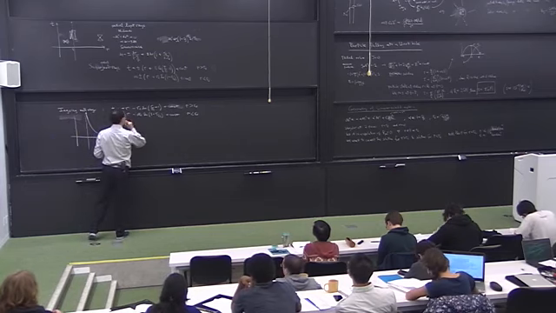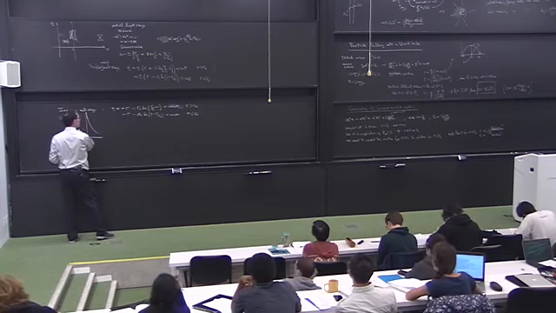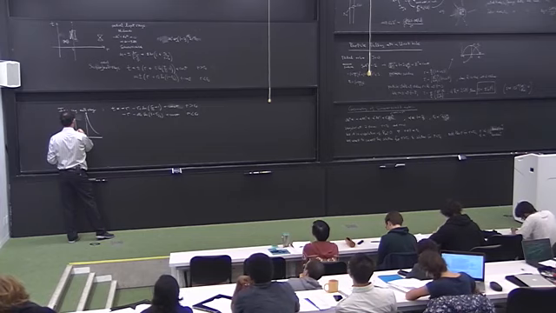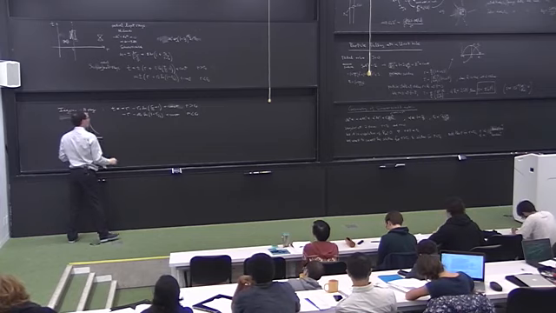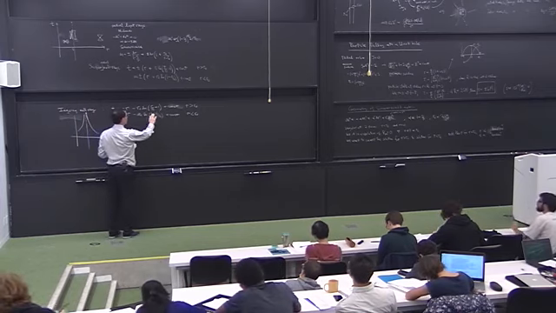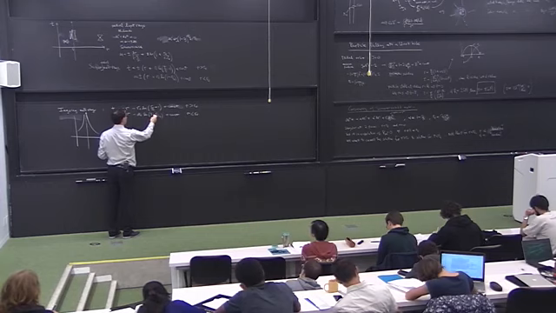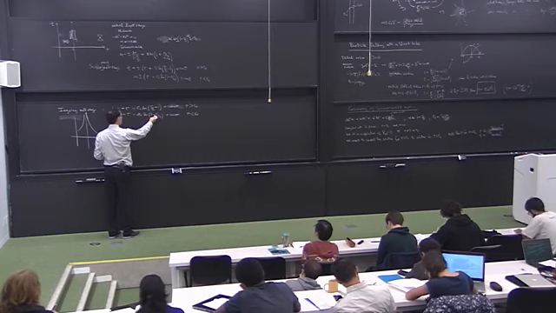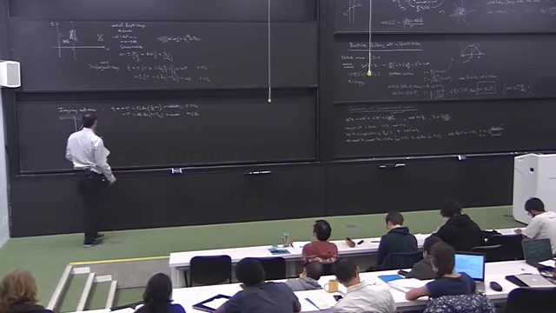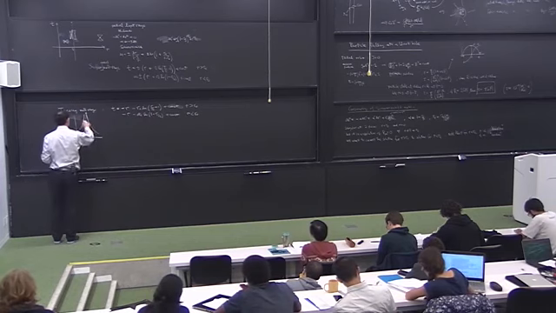Conversely, if we take this expression, which is supposed to be valid inside rs, as I send r towards rs, again, the argument of the log is going to 0. So this goes to minus infinity, and together it goes to plus infinity.